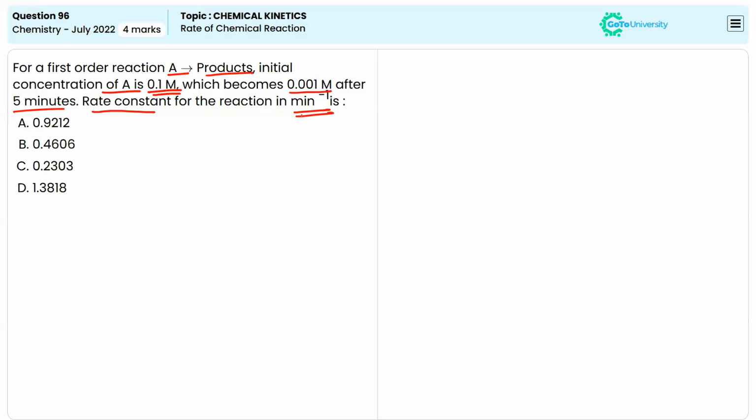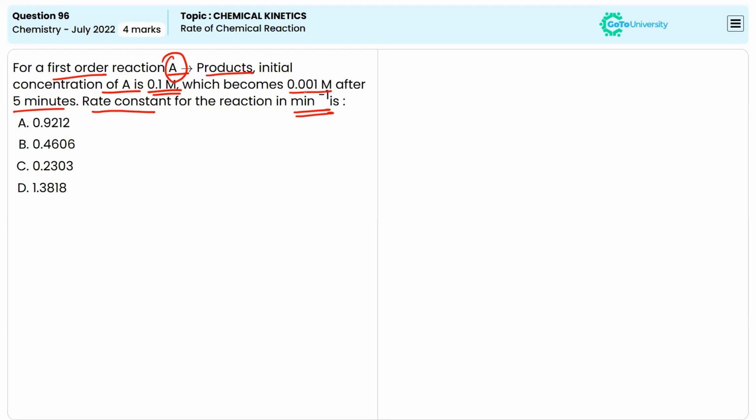First let us see what the order is. The order of the reaction is first order, right? Here we have only one reactant, that is A only. So what is the rate constant?